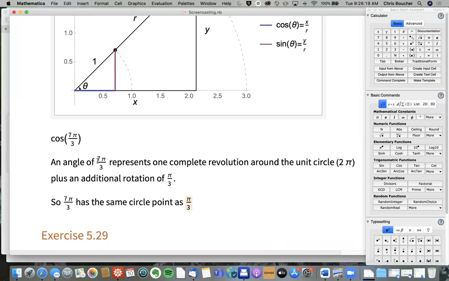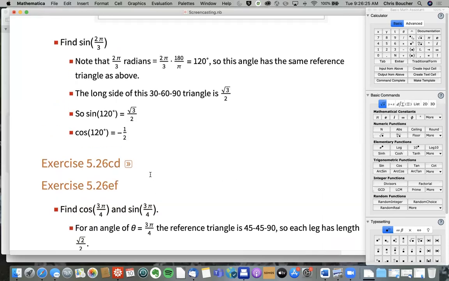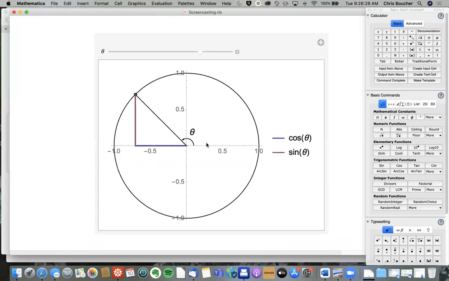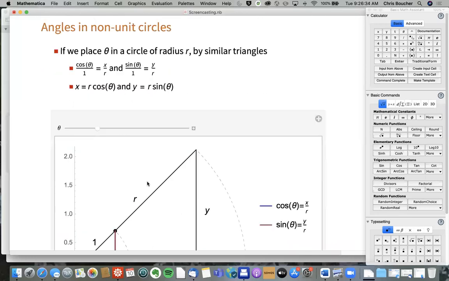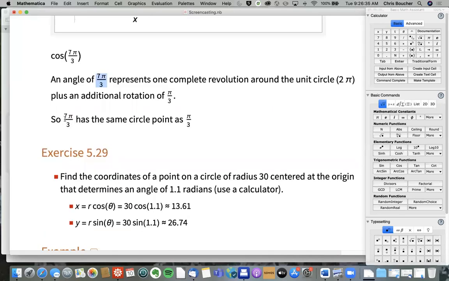Because if an angle is bigger than 2 pi, then when you make a picture like this, what you wind up doing is going all the way around the circle, and then you just go around the circle again. So there's lots of angles that have the same circle point. 7 pi over 3 has the same circle point as pi over 3. If we went another 2 pi, that would take us to 13 pi over 3. That also has the same circle point.